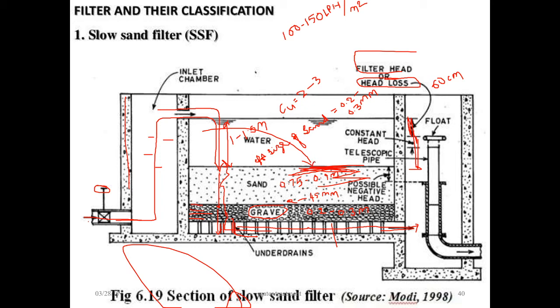If you see the efficiency of the slow sand filter, how much? Efficiency of slow sand filter is 98 to 99%.